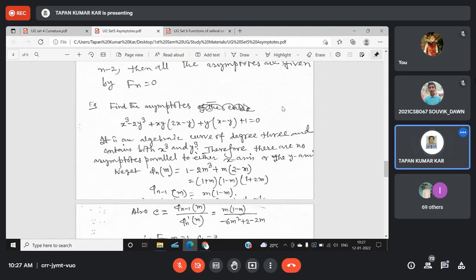If it is an nth degree equation, you have to check whether y to the power n is present or not. It is a cubic equation and y cube is present, which means there are no asymptotes parallel to the y-axis.